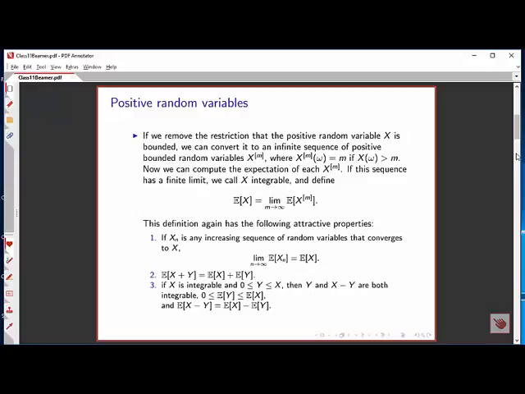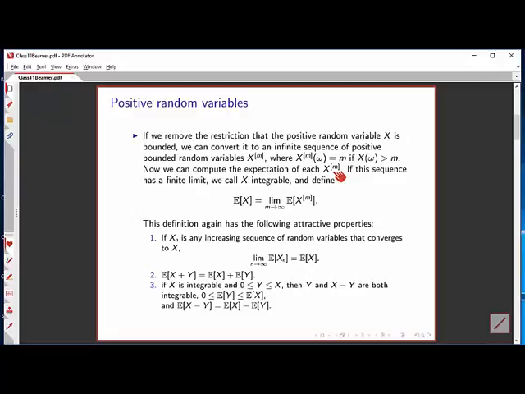So here's a review. We've got a random variable that is positive but not bounded. You recall we can make it bounded by saying that if the random variable would have a value in excess of the integer m, we will set its value equal to m.